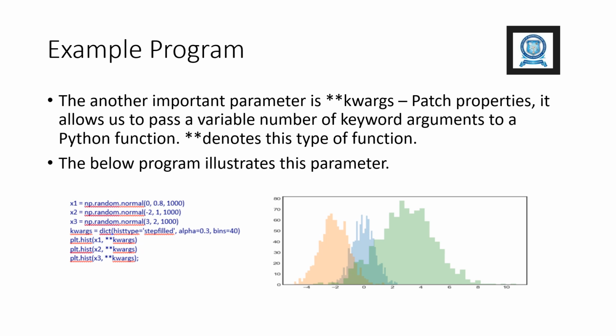See here in the fourth line, kwargs is equal to dict of histtype stepfilled, alpha equal to 0.3, bins equal to 40. It is specified. And in plt.hist, **kwargs are passed. And the output for this program is shown on the right side of the slide.